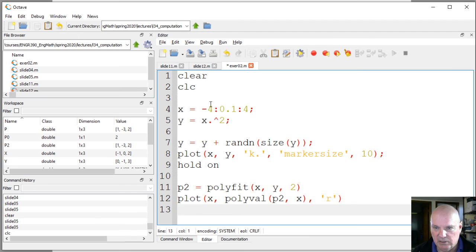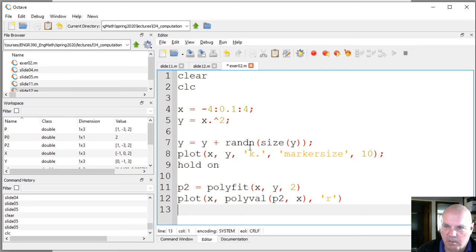So the first thing we were asked to do is form a vector that's going to be our x variable that goes from -4 to 4 in increments of 0.1, and then compute y, which is the square of x. This would exactly fit a second order polynomial with a coefficient of 1, but what we're going to do is add some noise to that data.